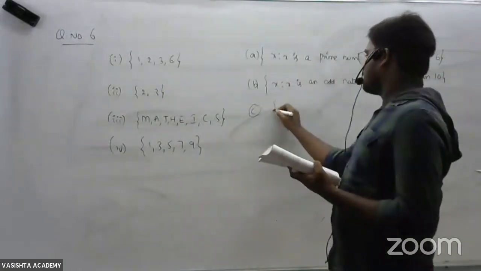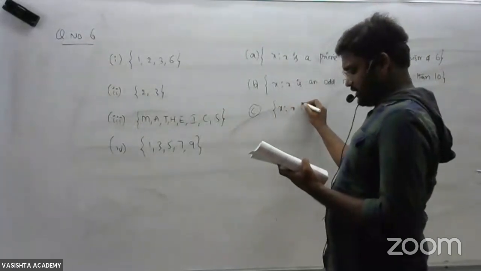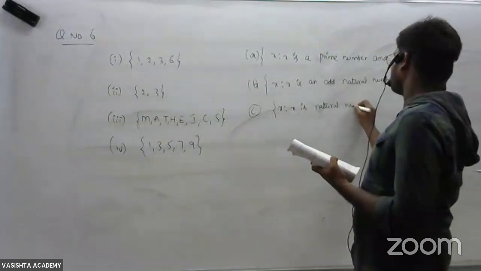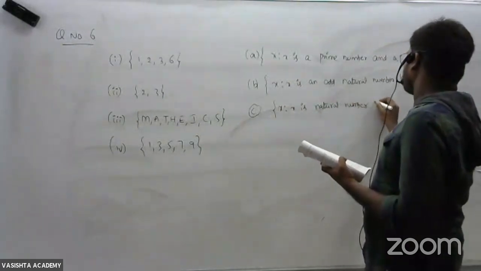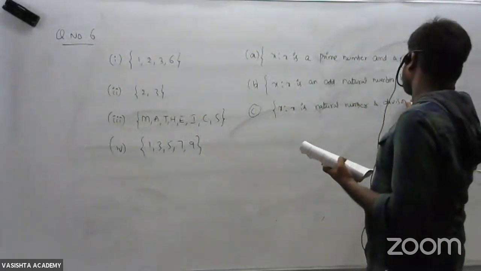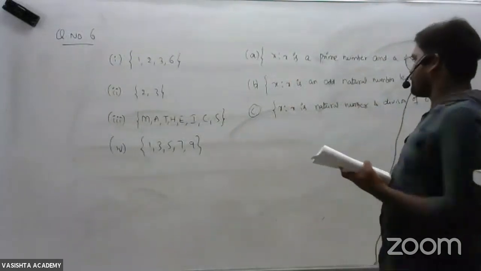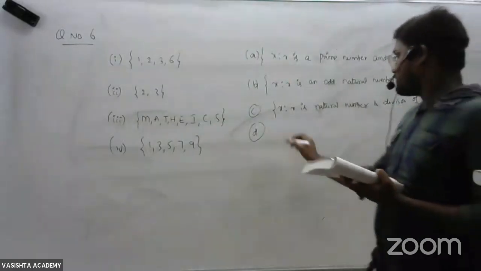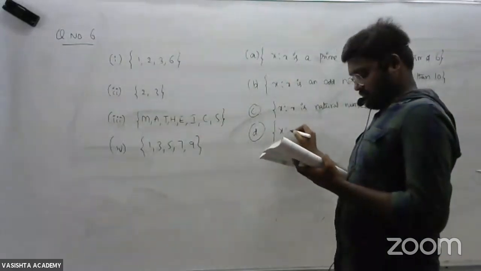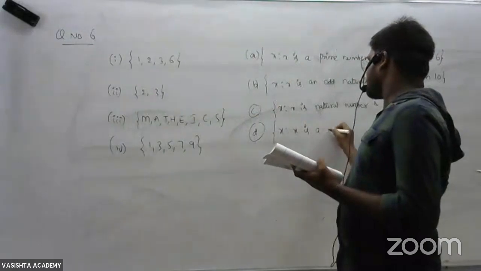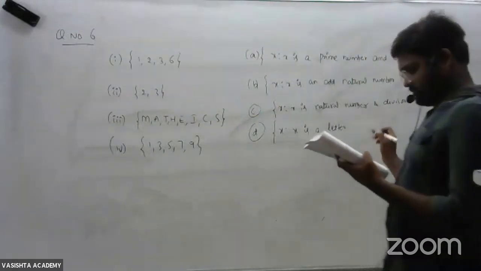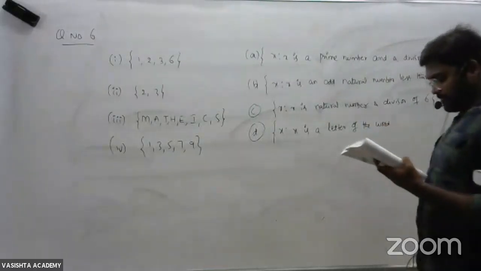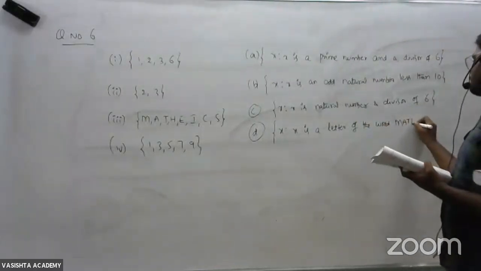C. X such that X is a natural number and a divisor of 6. D. X such that X is a letter of the word mathematics.